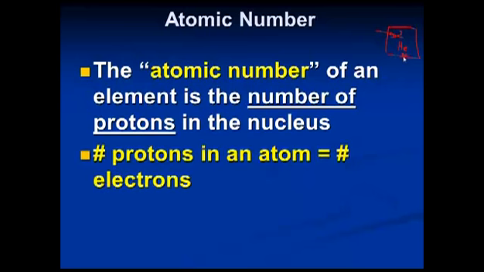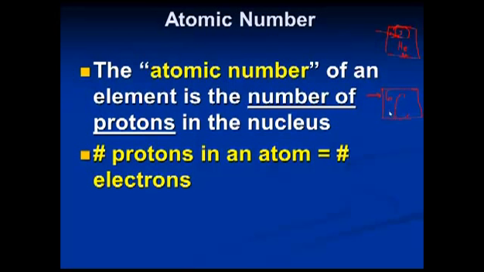It represents the number of protons in the nucleus. So helium, element number 2, has 2 protons in the nucleus. Carbon is element 6, and therefore it has 6 protons in the nucleus.